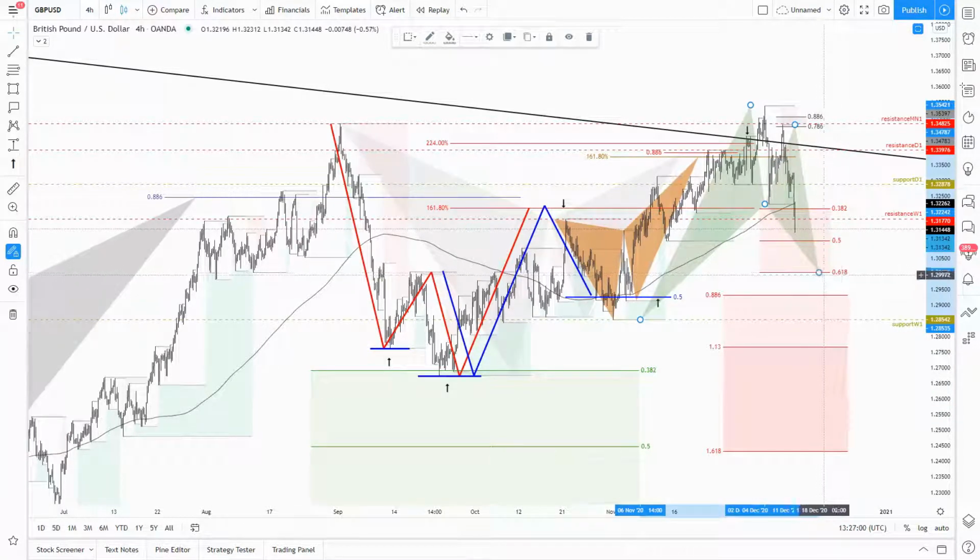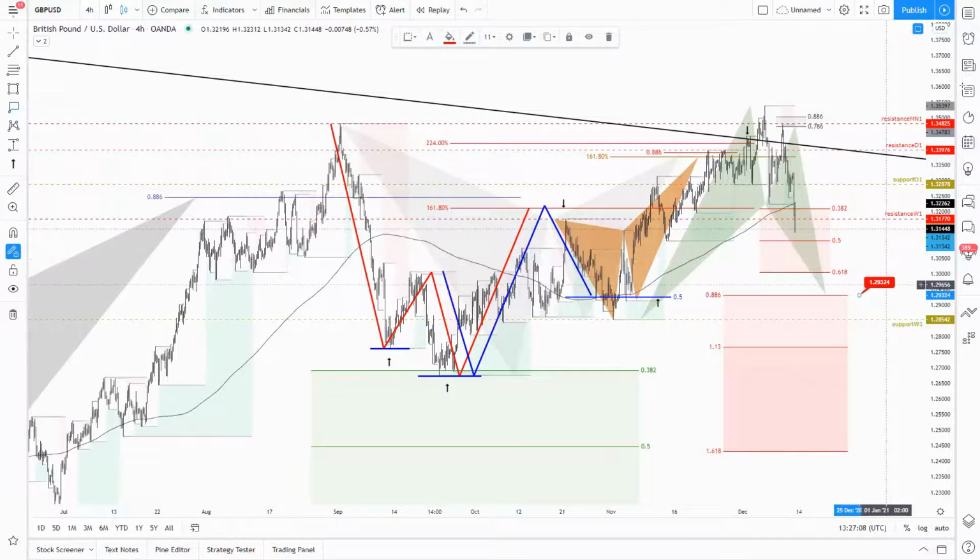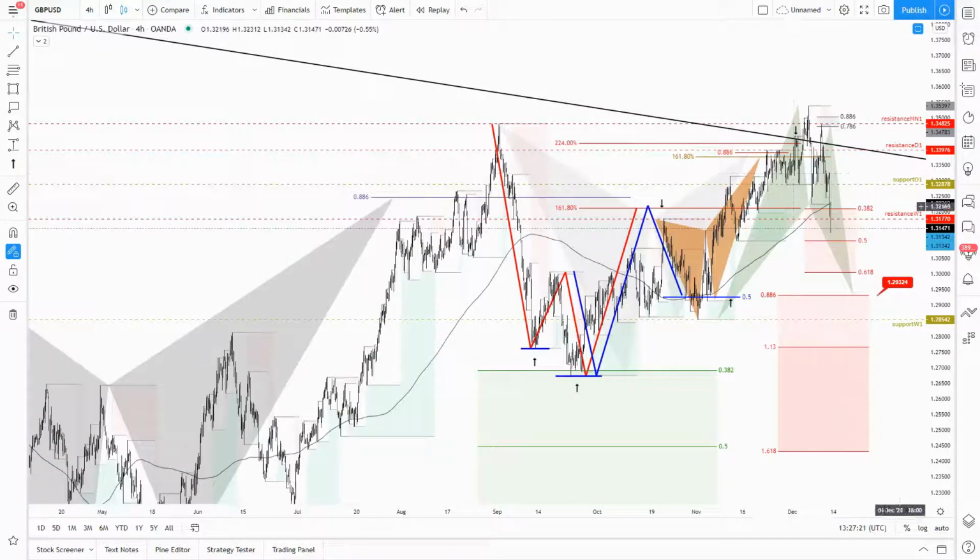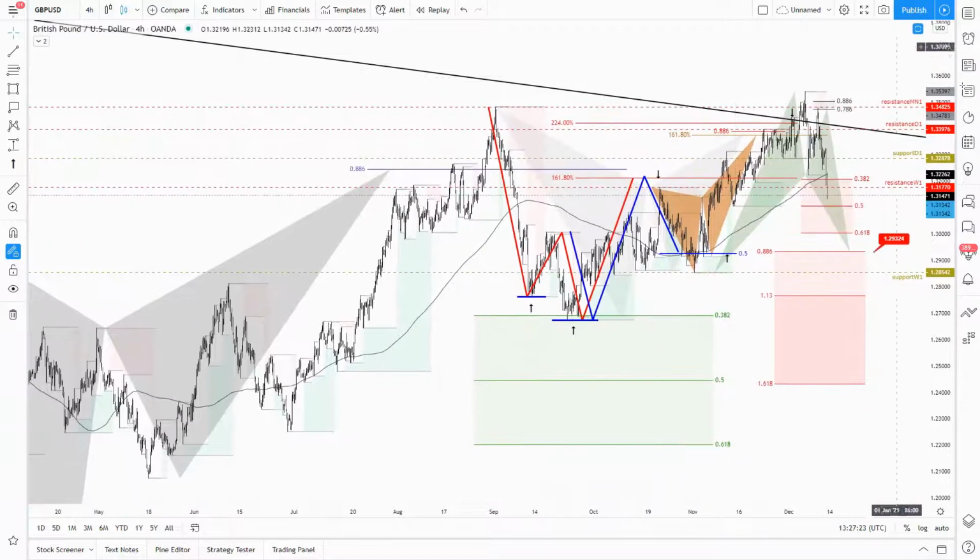We should pay attention to this 88.6 right above the weekly fractal. Actually we can tag that one already, 129.32. Let's observe how the market will react, but for now it's pure speculation. We need to see that approach to those levels, and then we will see what will happen.